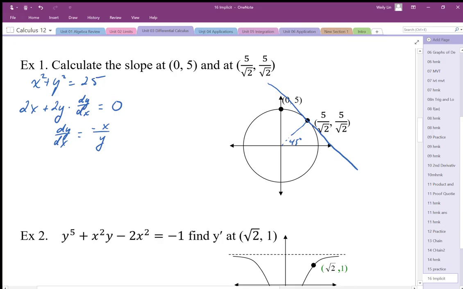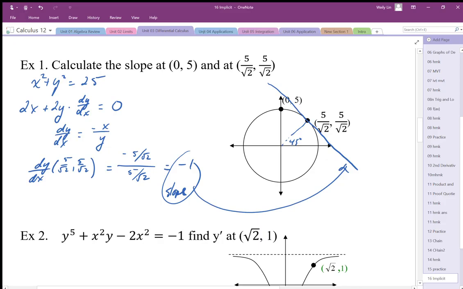So when I plug my x and y into my derivative, when x is 5 over root 2 and y is 5 over root 2, I get negative 5 over root 2 divided by 5 over root 2. The slope is negative 1, and that is consistent with what we see over here. Okay, so the slope does work.